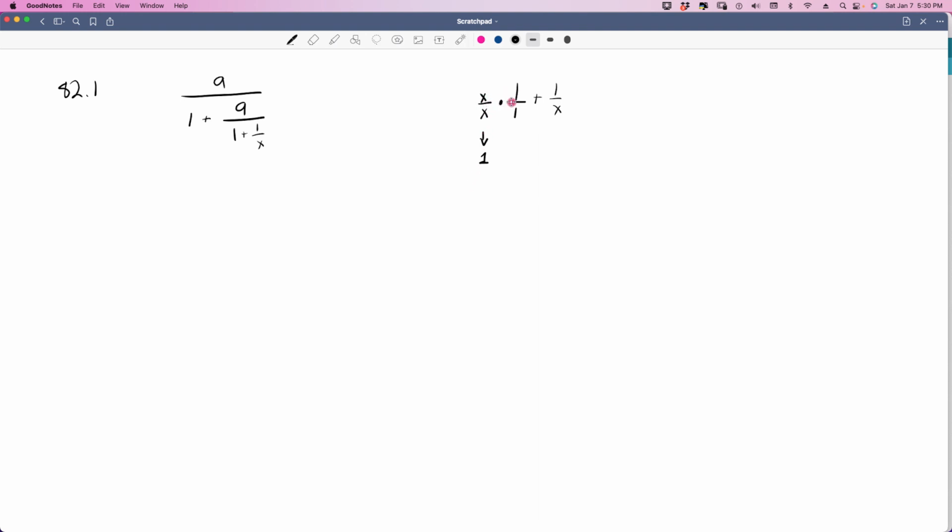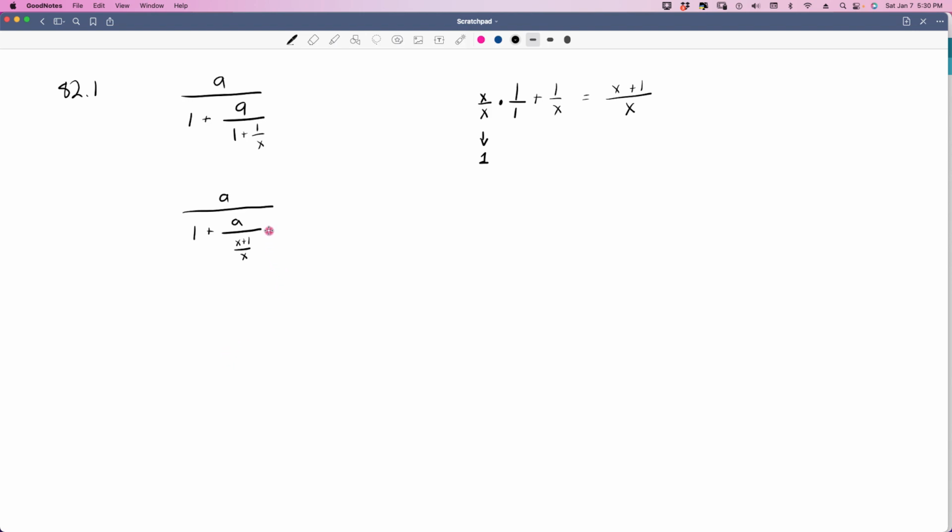So when we multiply this, we get x plus 1 over x, because now that this has an x, this would be x over x, we get x plus 1 over the same denominator. Now we can take this and replace this entire thing. So now we have a over 1 plus a over x plus 1 over x.